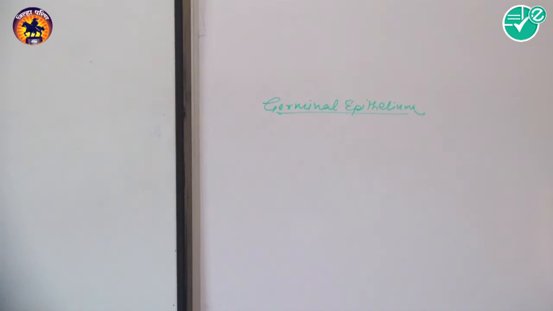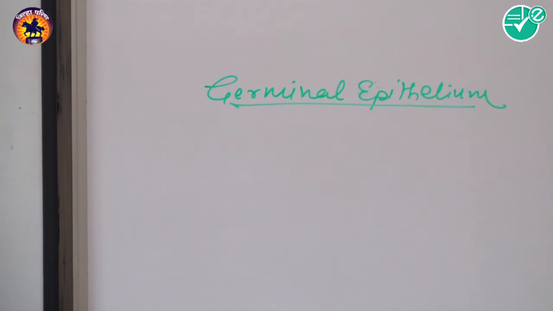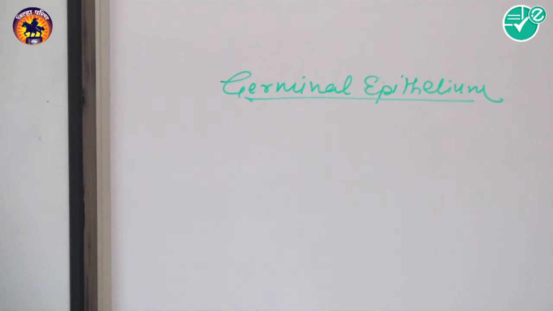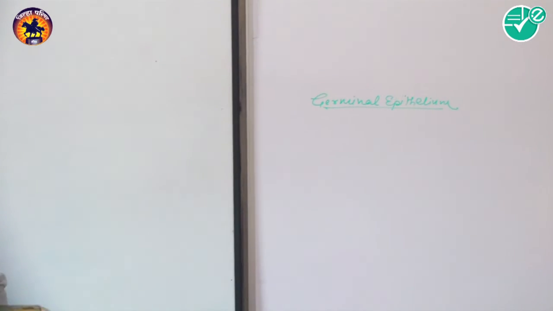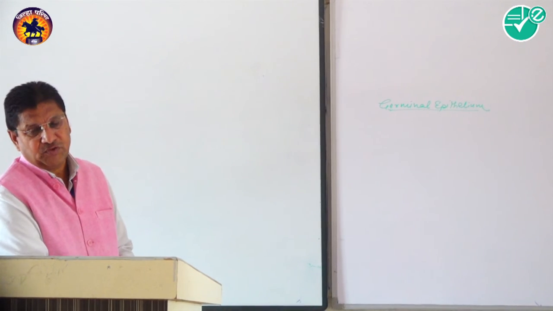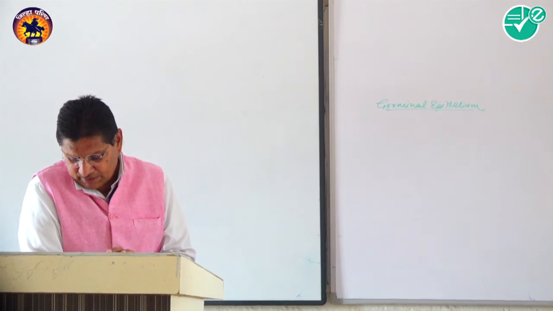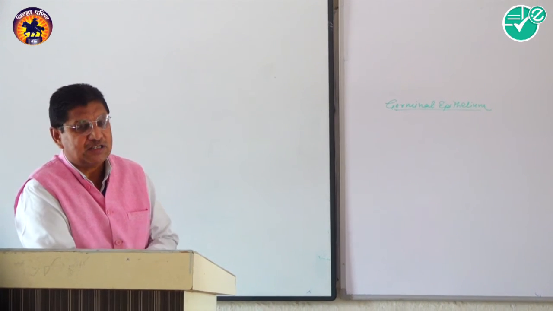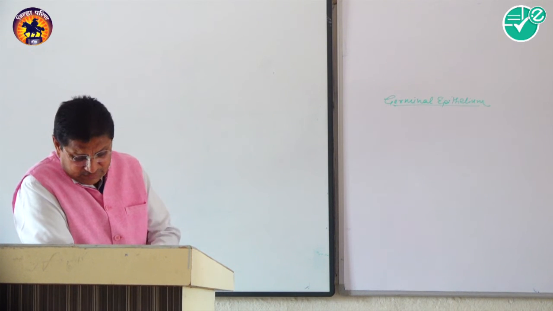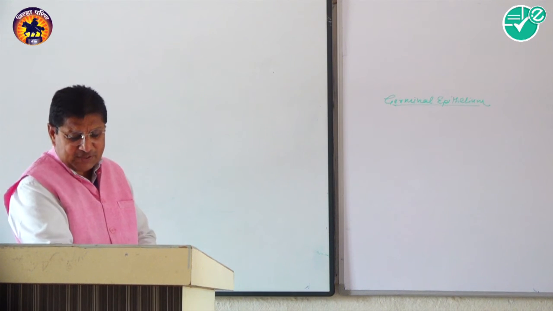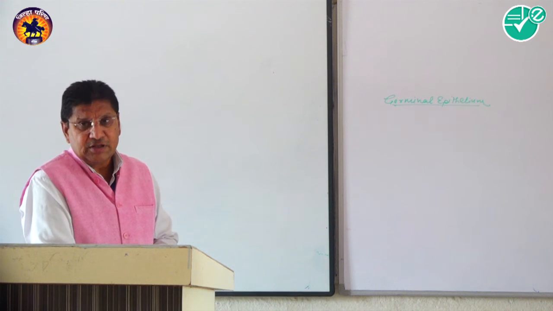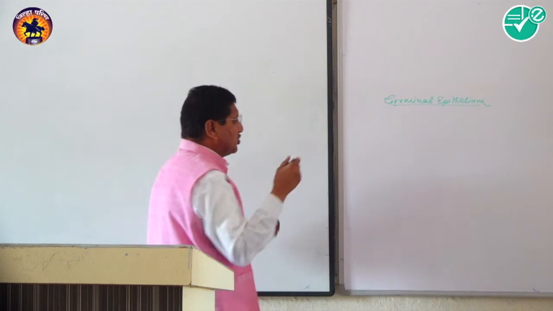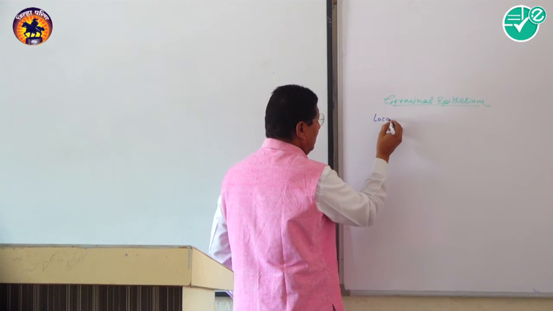The germinal epithelium is very simple, and its cells divide meiotically. This is very important. They divide meiotically to produce haploid cells, and therefore they are mainly present in the lining of the seminiferous tubule. That is the location.